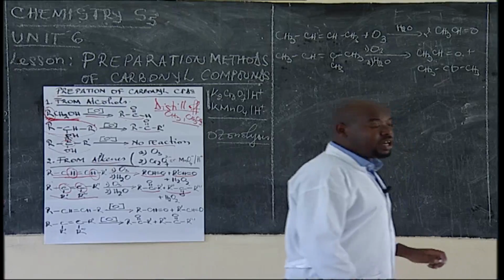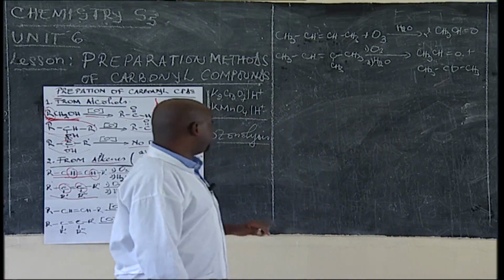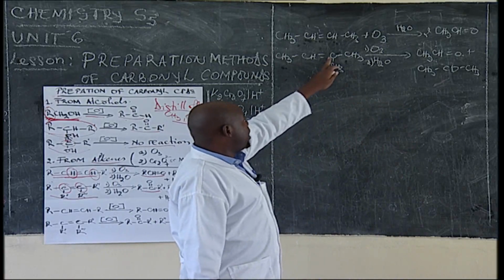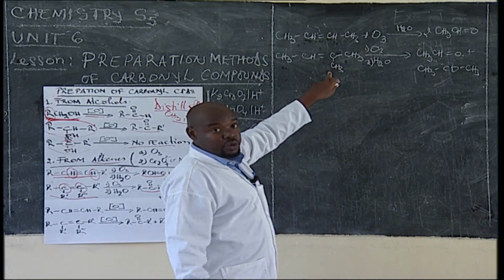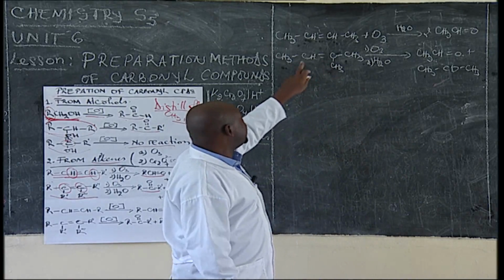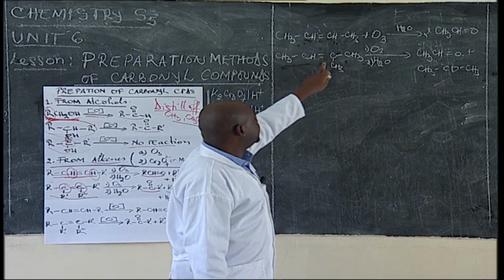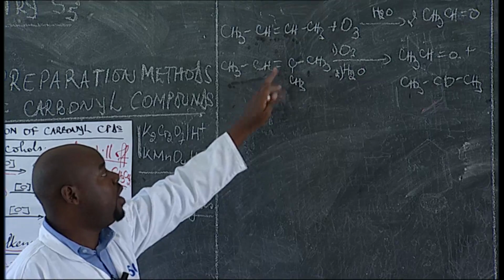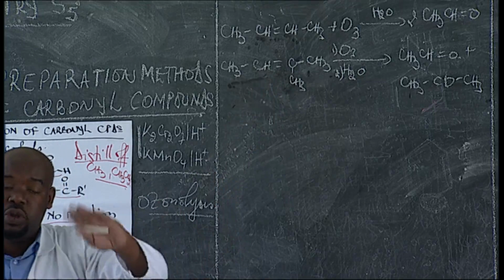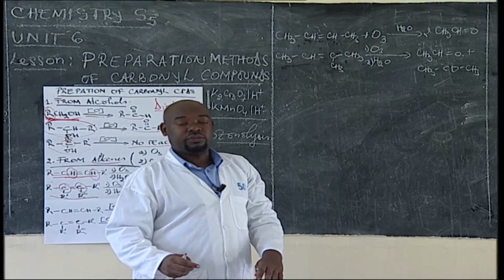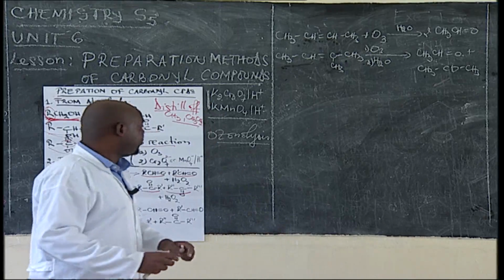Now we have an aldehyde and a ketone because the carbon here is completely substituted, so we produce a ketone, and the 2 parts on both sides of the double bond are different, so we produce 2 different compounds. I think it is very clear.